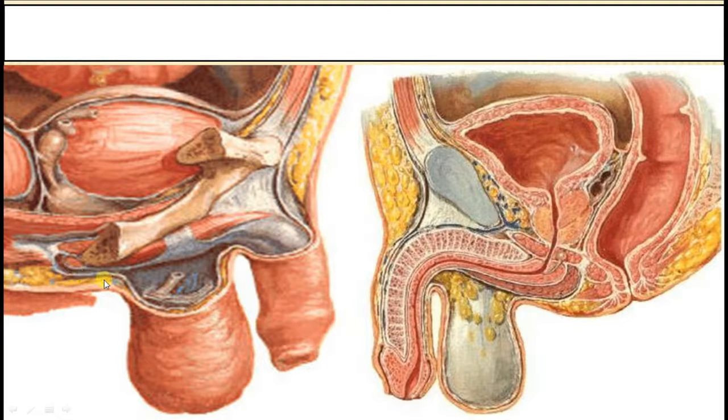So the superficial fascia, as I told you, is continuous with the fascia of the penis and also the dartos layer of the scrotum.